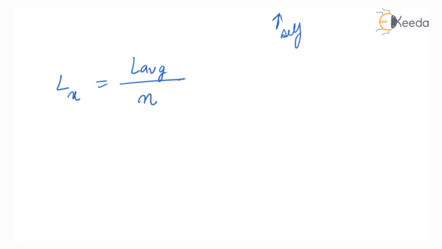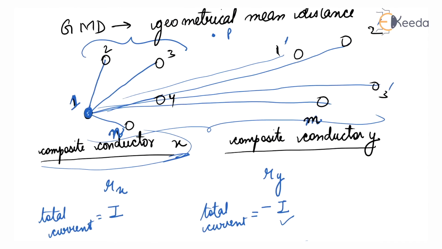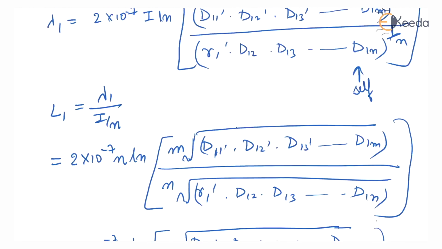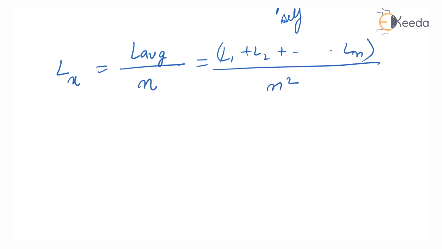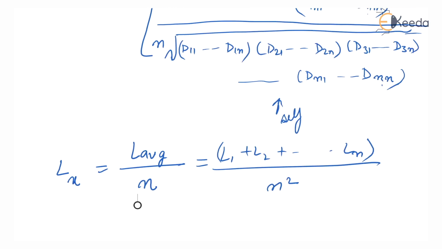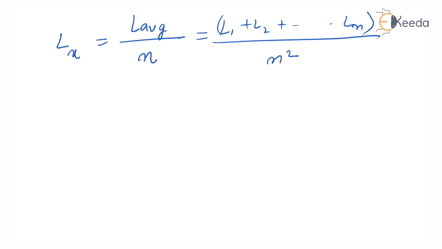Since this conductor X is composed of n subconductors and electrically in parallel, so its inductance is L average by n. So we can write this as L1 plus L2 plus up to Ln by n square. We already calculated the value for L average, so put the value.